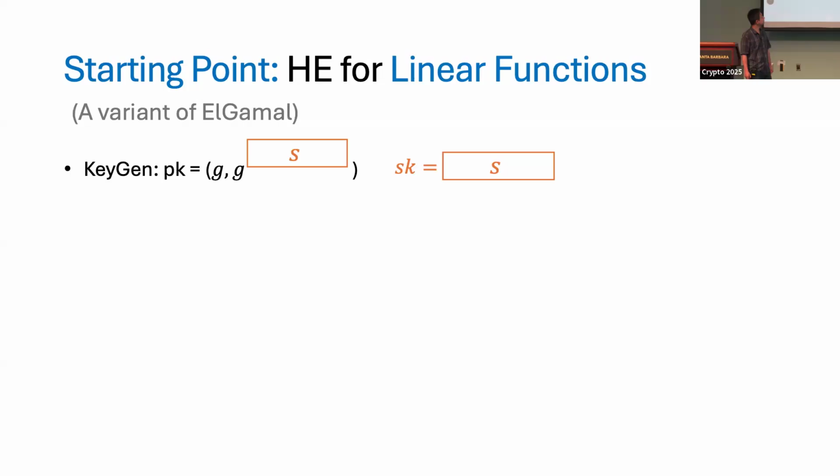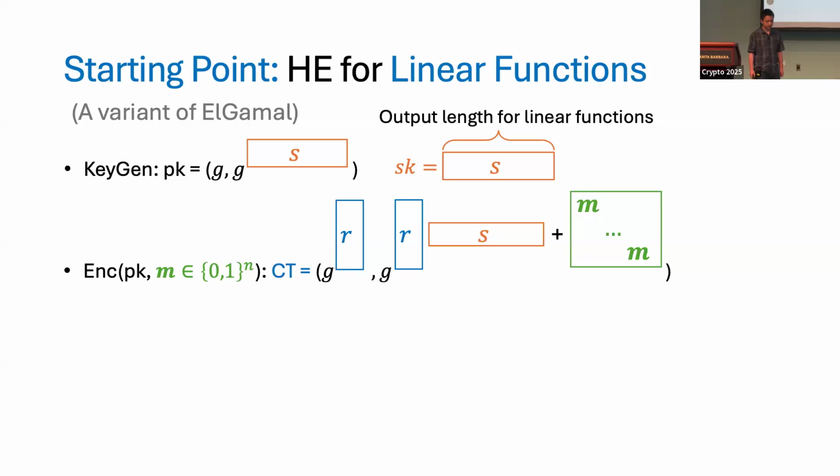So the key generation algorithm will output a public key which contains some group element G, and it will sample some vector S and write this vector S in the exponent of G. And this constitutes the public key. The secret key is just this vector S, where the length of S will be the length of the output for these linear functions that you want to evaluate later.